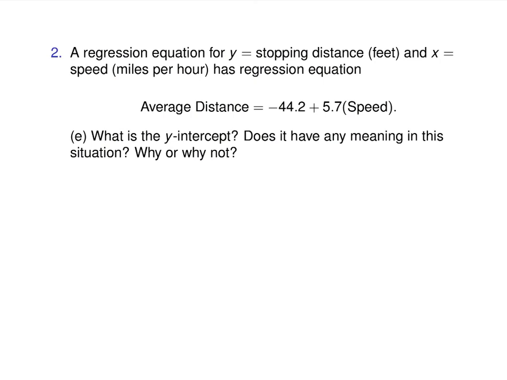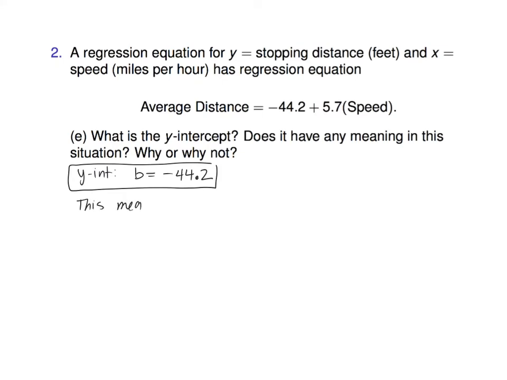All right, finally, what is the y-intercept, and does this have any meaning? So the y-intercept, the number you used for that in algebra was b, negative 44.2. So congratulations, 1 point, you found it. Now make sense of what it means.